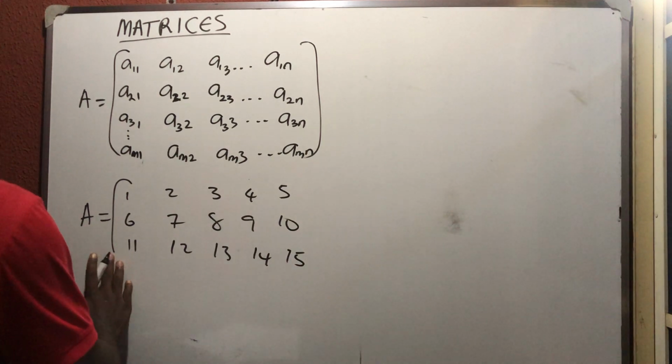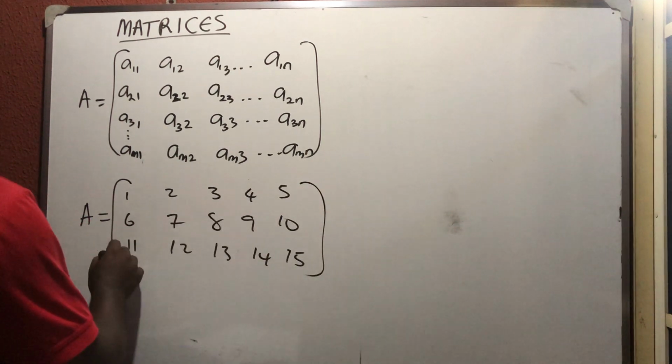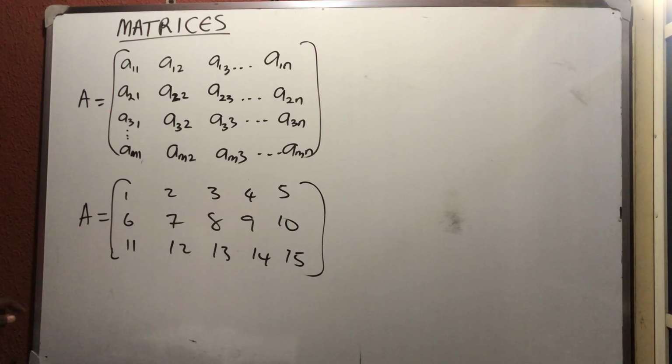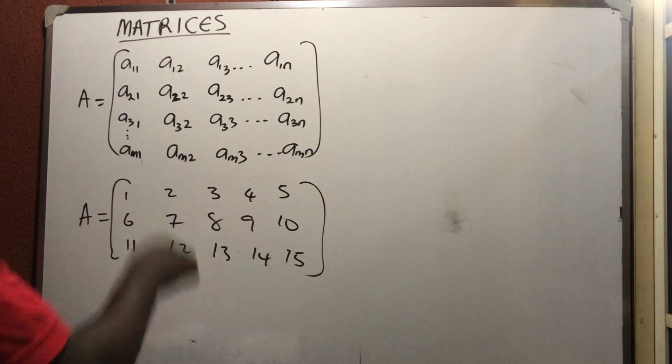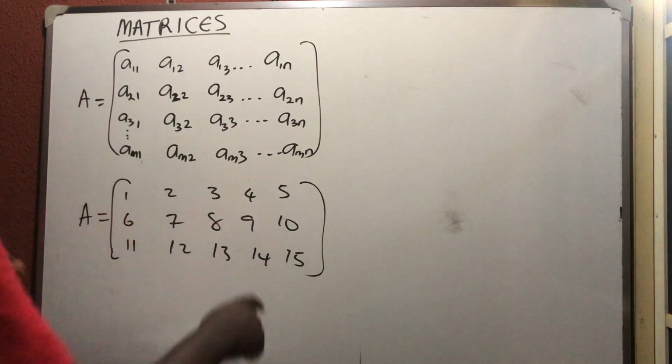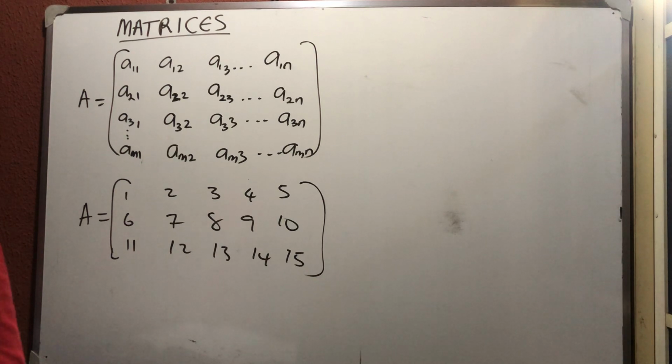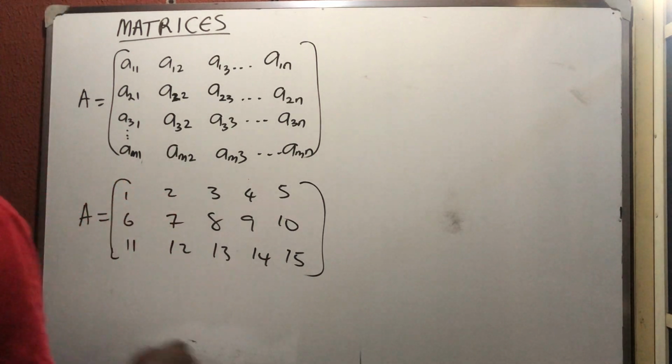So we can say that this matrix, how many rows do we have? 1 2 3. And how many columns do we have? 1 2 3 4 5. So we can say that this is a 3 by 5 matrix.